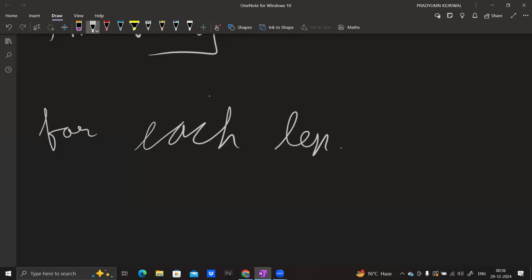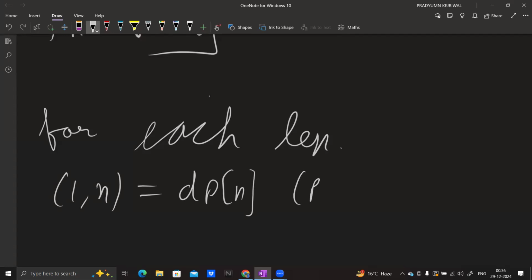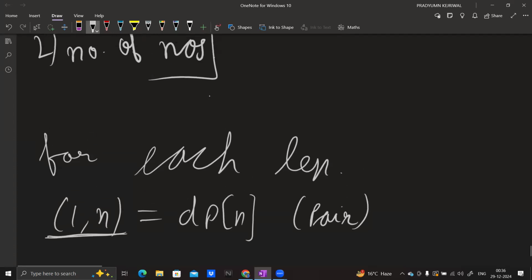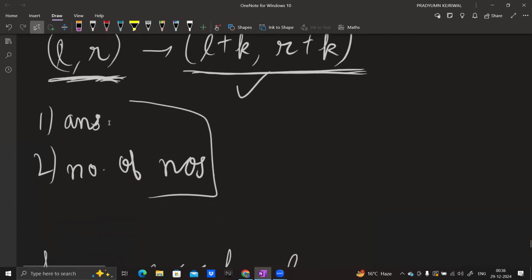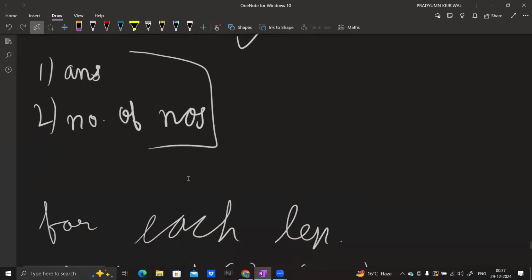So I just did that. I just stored the answer for 1 to n in dp. I have this dp, which is a pair. For this 1 to n length, I am storing these two things: first the answer, and second the number of numbers in that answer.